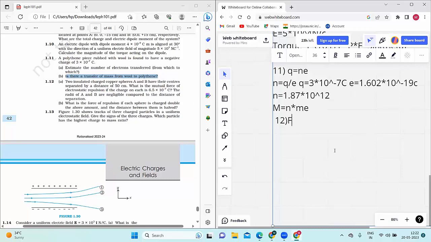You can use the formula F equal to k Q1 Q2 by R square. Both the charges are the same, so the value of Q1 and Q2 will be the same and equal to 6.5 into 10 power minus 7.